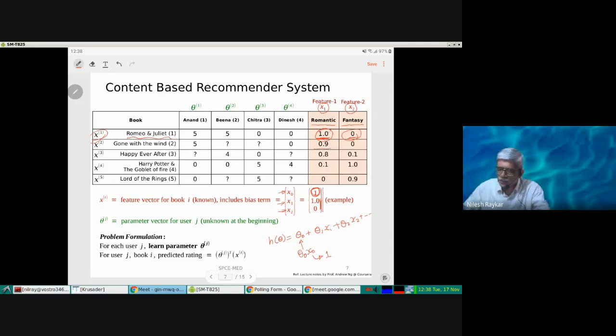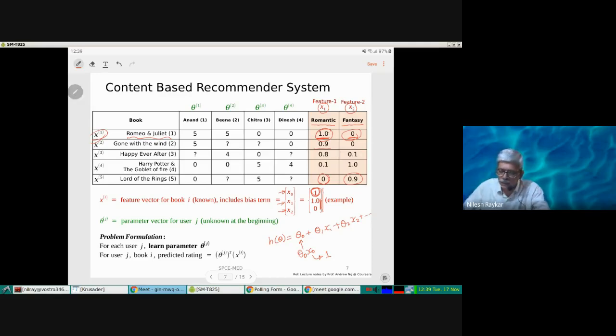Similarly, for another book, let's take Lord of the Rings, the romantic content is 0 and the fantasy content is 0.9. So that is some expert, a lover of books, who has given these ratings. That is the data that is required.